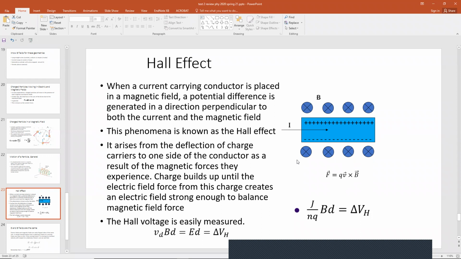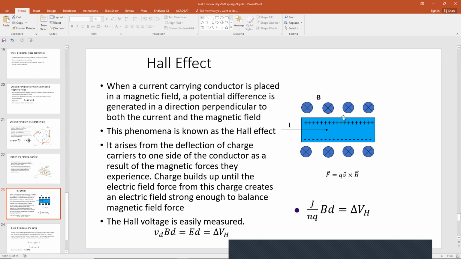For example, if your charge carriers are positive, as shown here, then the force QV cross B on those charged particles will be upwards, and your positively charged particles will build up on the top part of your conductor. That would leave an absence of positive charge on the bottom, and so you have this separation of charge that happens in your current-carrying device.